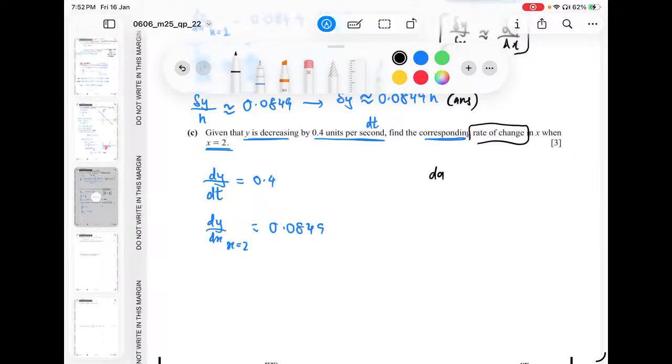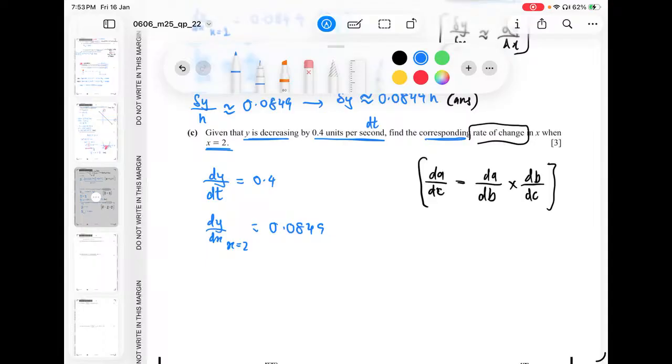So I'll just write the formula: dA over dC is equal to dA over dB times dB over dC. So this is the formula. Since dB and dB get cancelled, you will get the same answer.